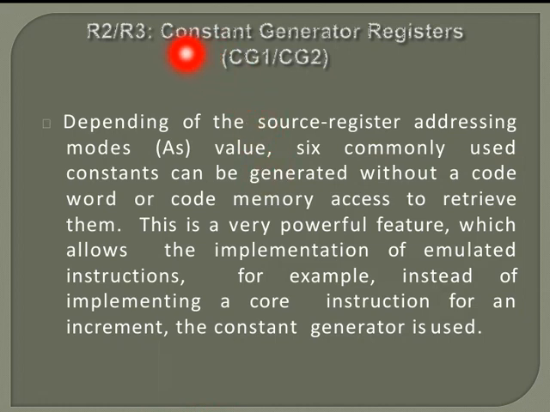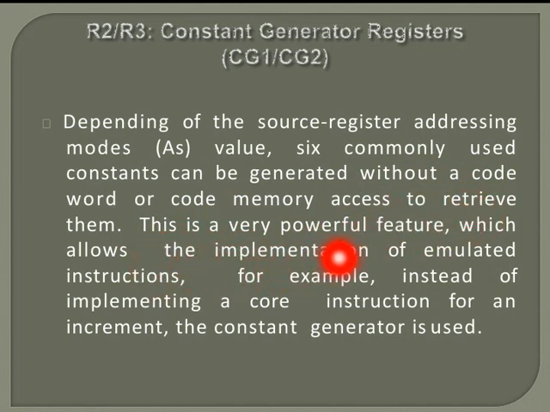So there is one register, that is the constant generator register, which is stored in your R2 and R3 in your status register. Depending upon the source register value, six commonly used constant generators are used without code memory access to retrieve them.